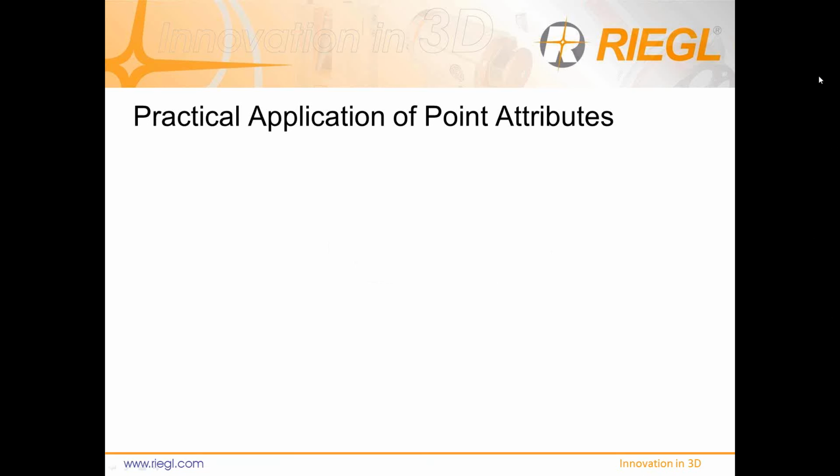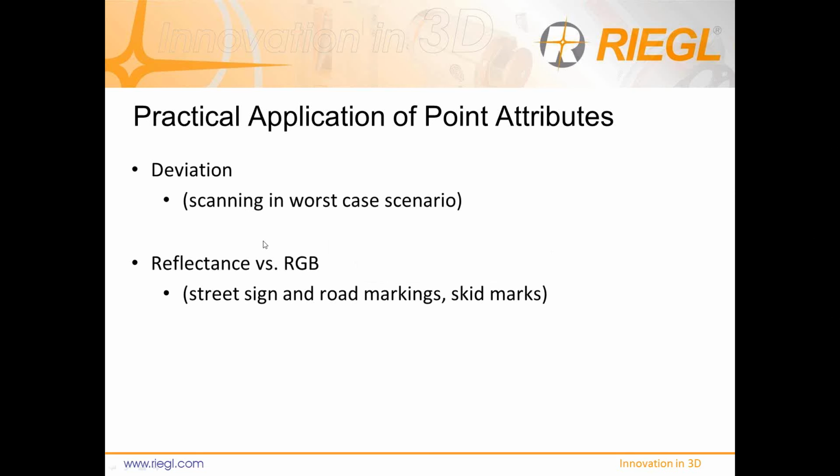Great, thanks. So I want to go over the practical application of the point attributes. Everything that Ananda described earlier, I want to show you what it looks like and how you can apply it through the data sets themselves. I'm going to talk about deviation, scanning worst-case scenarios, rain, snow, dust clouds, and whatnot.